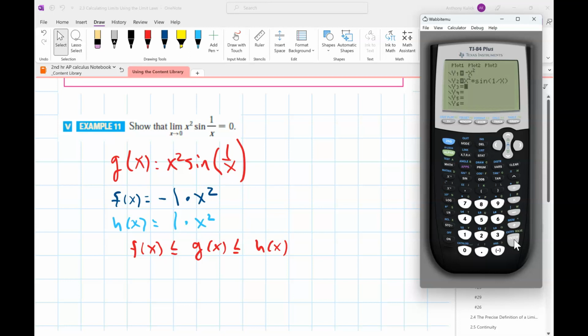If I do sine of 1 over x, the biggest number that can come out of it is 1, and the smallest is -1. So will it always be like that with sine? Always, with sine and also with cosine, because that's also bounded between 1 and -1.